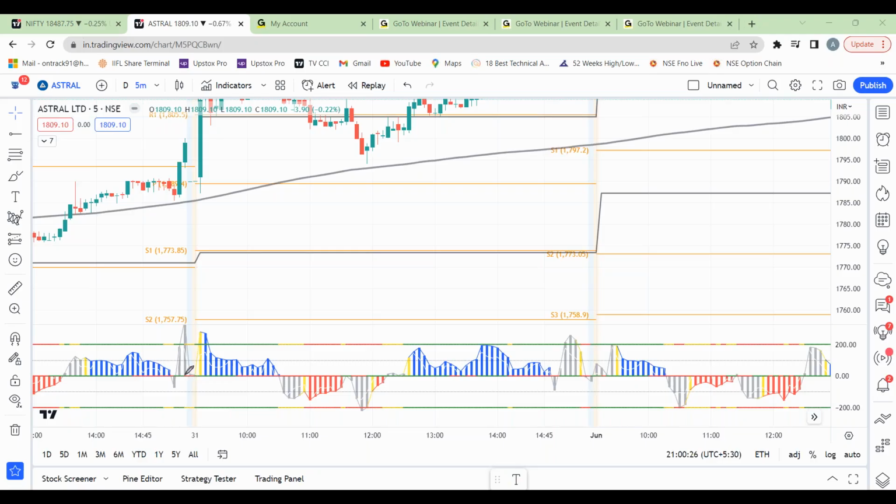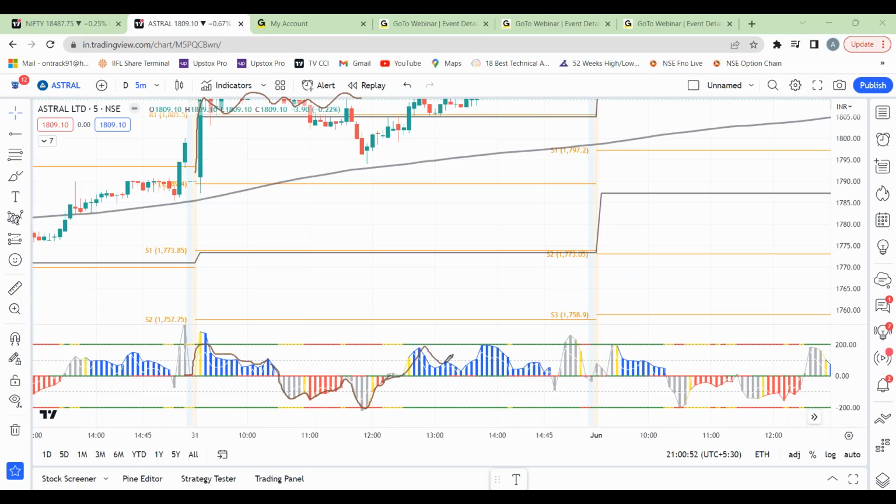See this trend line, whenever it trades above zero level, it tells us that the stock is in a positive trend. Stock is in a buy trend. And whenever it comes below zero, it shows that the stock is in a sell trend.